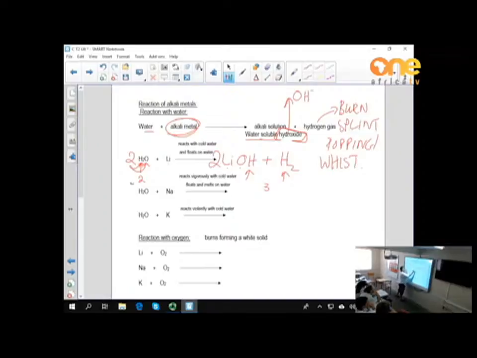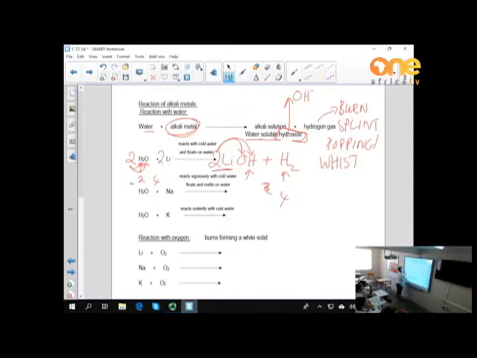now, just ignore the lithium for a moment. How many oxygens do I have? 2. Well, now it works. And how many hydrogens do I have? 2. But there I also have 2. So now I have 4 there and I have 4 over here. How many lithiums have I got? 2.